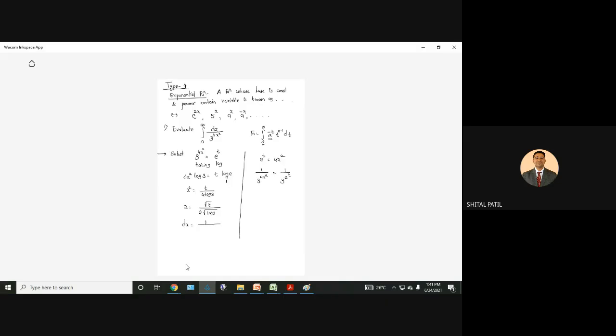That we don't want. We want e raised to something, we don't want 3 raised to something. e raised to minus t is required. Therefore this will not work.